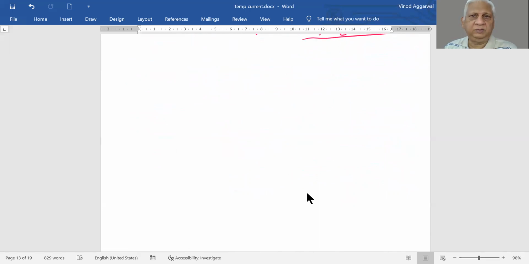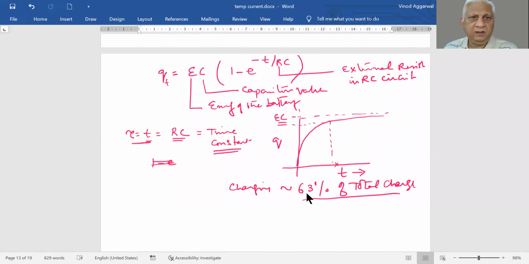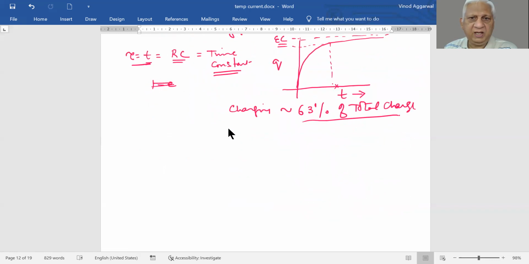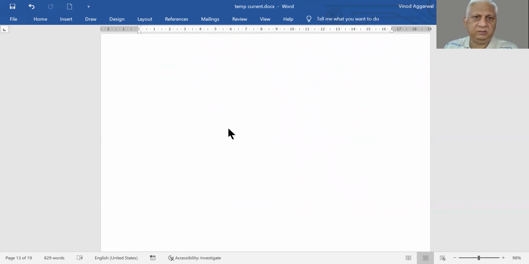Now we have seen the relationship of charge on a capacitor vis-a-vis time during charging. Now what happens if we discharge a capacitor? Okay, we have a capacitor. Again, we attach a resistance and we simply short it through R. Current will be established.